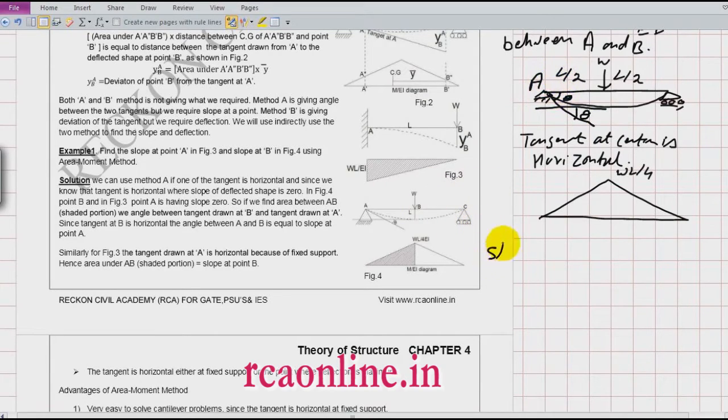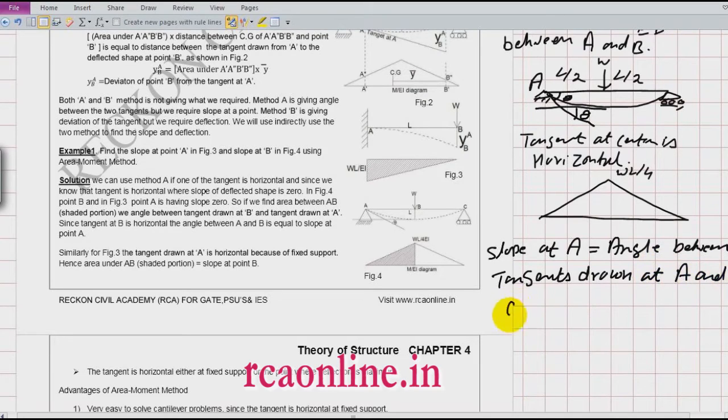So the slope at A is equal to the angle between the tangents drawn at A and the center. Clear?